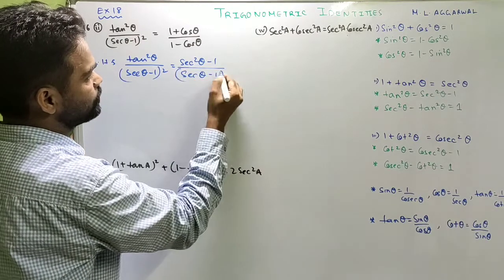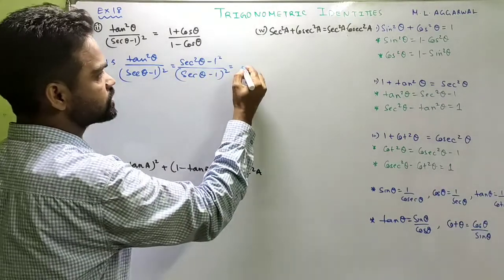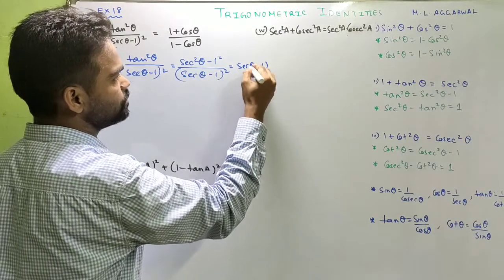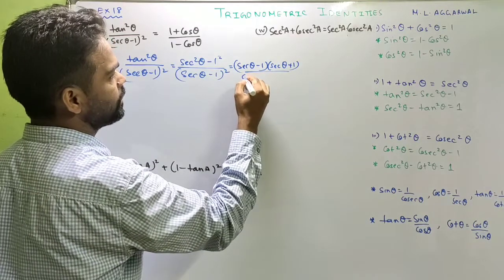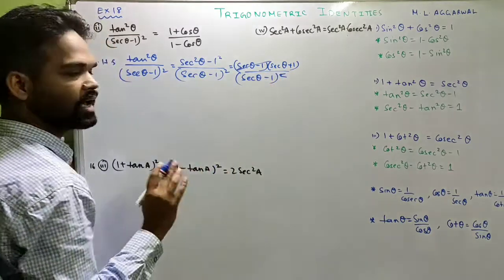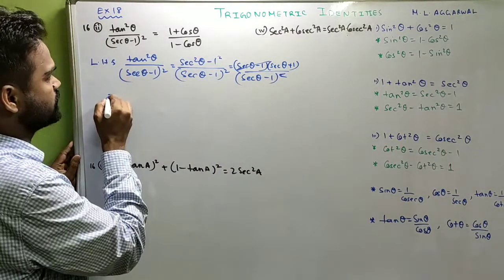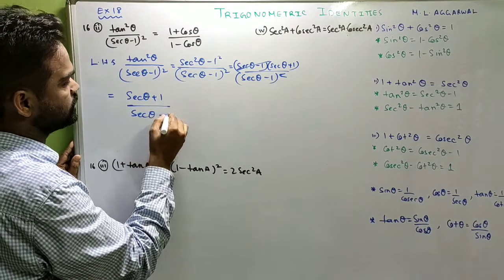Now look carefully. Sec square theta minus 1, can I write a square minus b square, which is a minus b multiplied by a plus b, by sec theta minus 1 whole square, which means this and 1 square cancels out. So what remains? Sec theta plus 1 by sec theta minus 1.